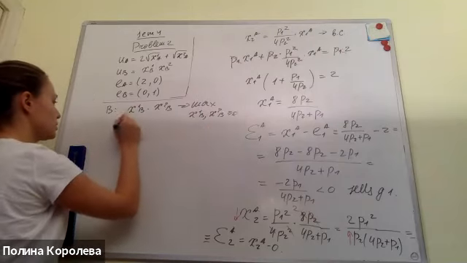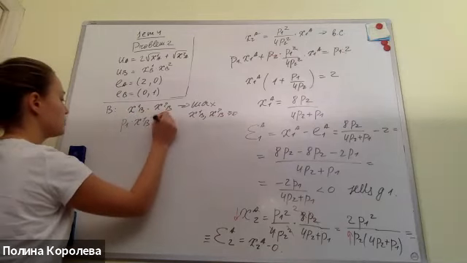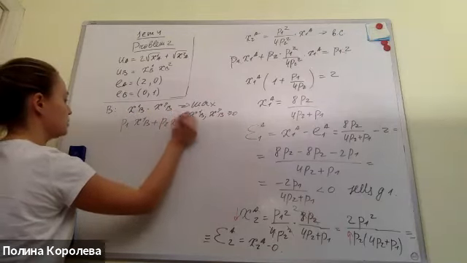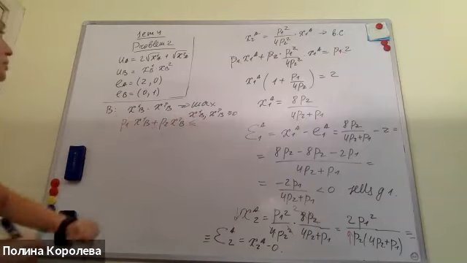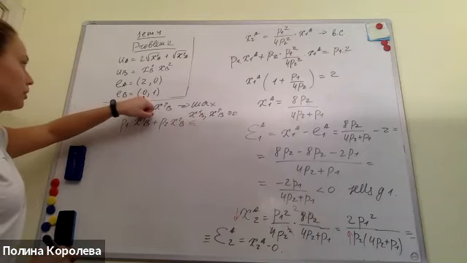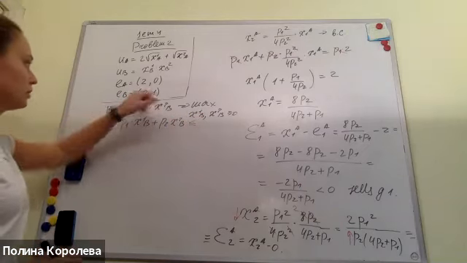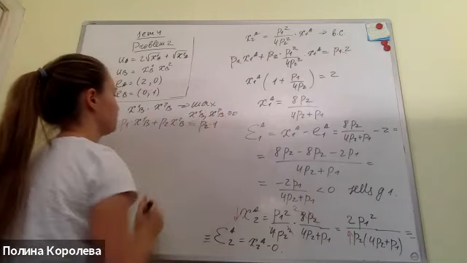His budget constraint is what? P1 x1b plus P2 x2b should be less or equal than his endowment in money terms. He has 0 of good 1 and 1 of good 2. So this would be P2 multiplied by 1.